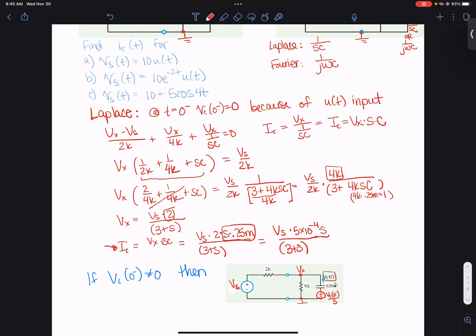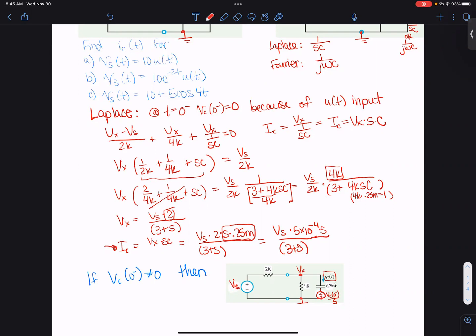If that S on the top canceled, you would be able to just do 5 times 10 to the minus 4th e to the minus 3t u of t as your time domain. It makes it very easy. Well, times VS, so you still have to see what the VS input signal is. Any questions about getting this?